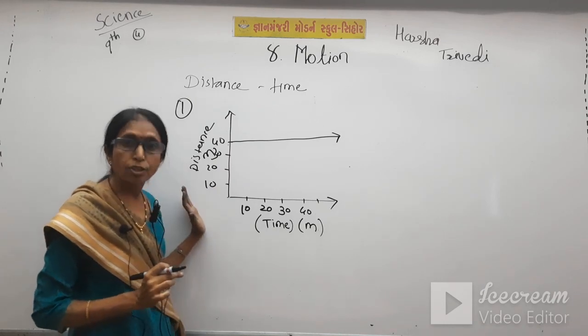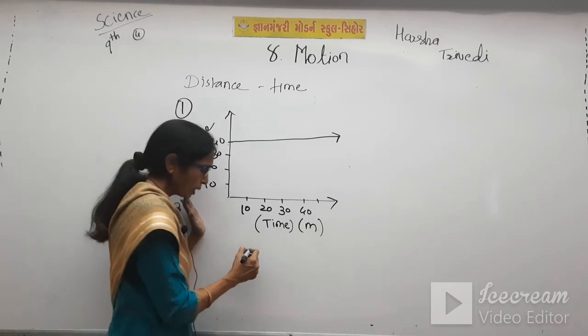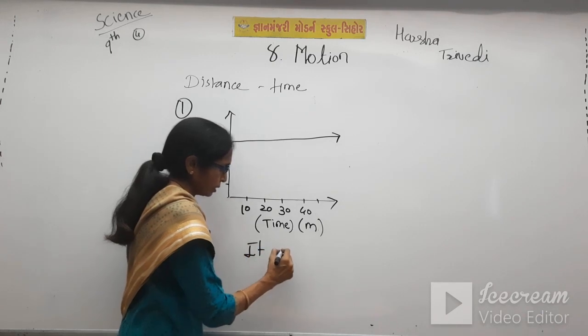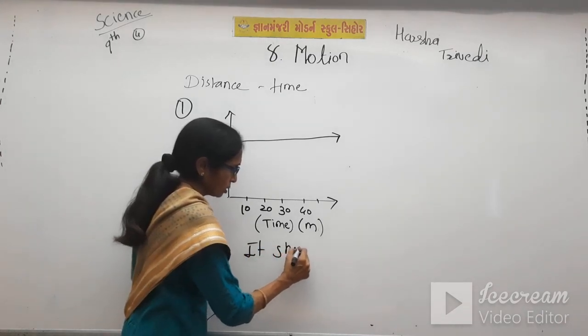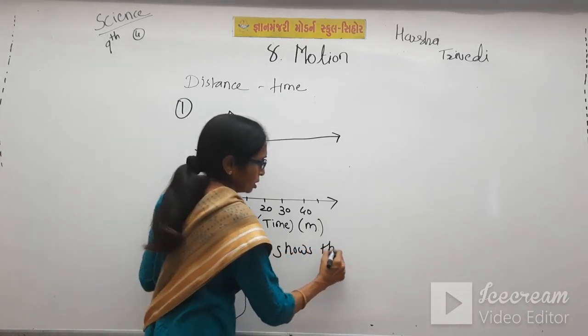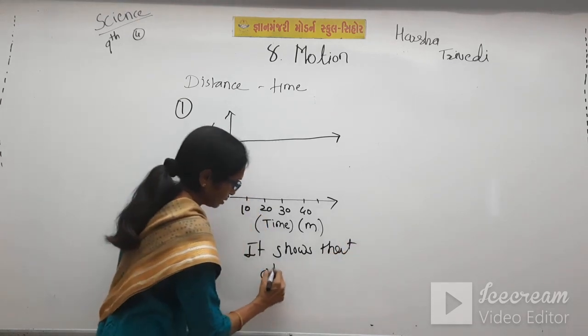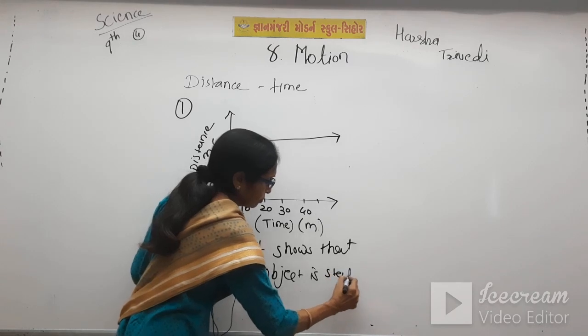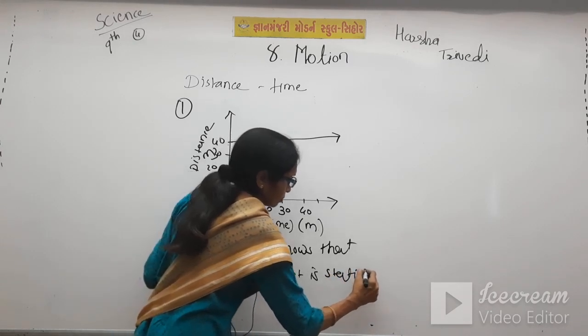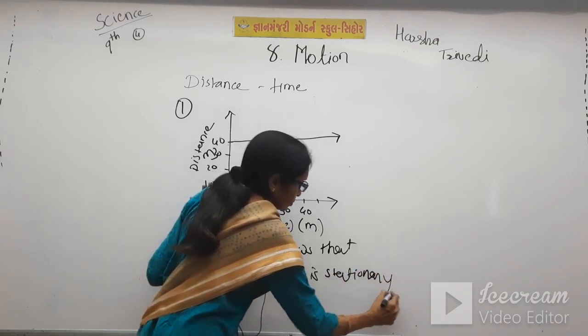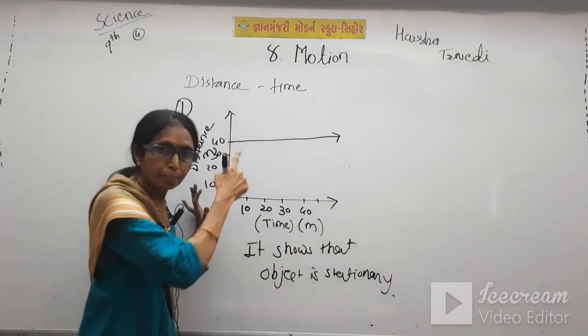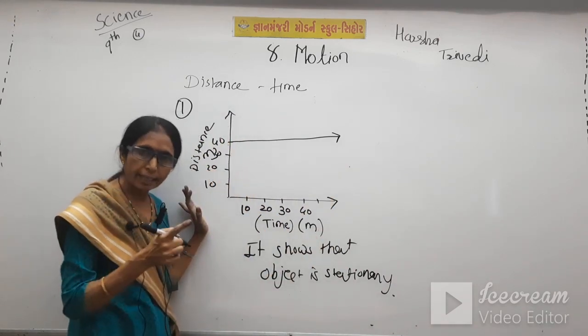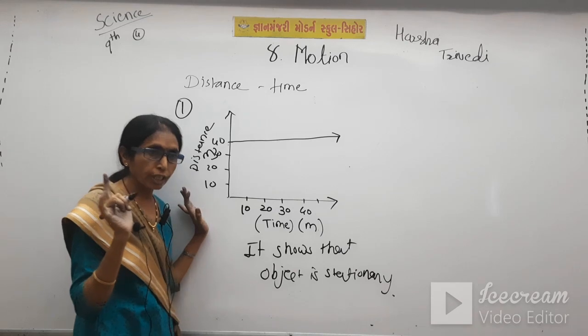So this graph shows that the object is stationary. If it is parallel to the x-axis, it is stationary.